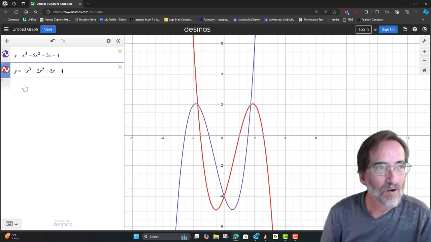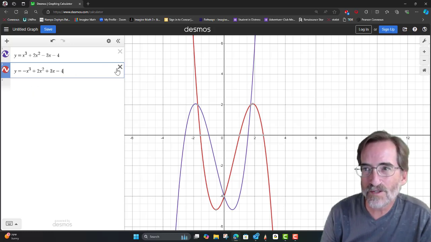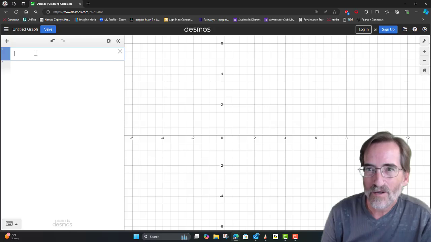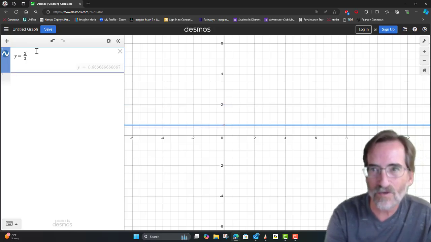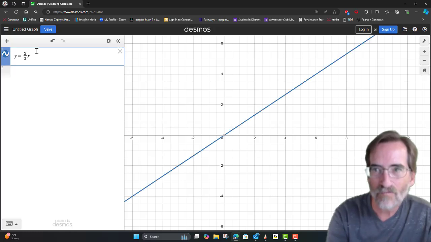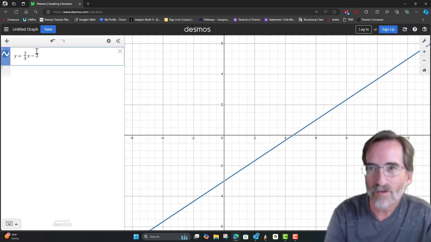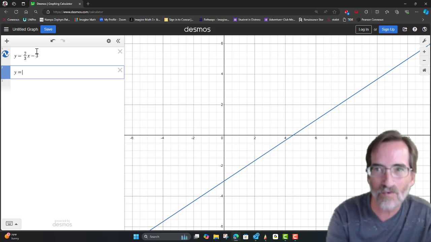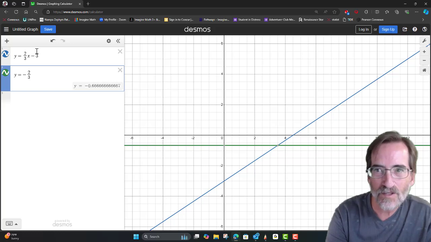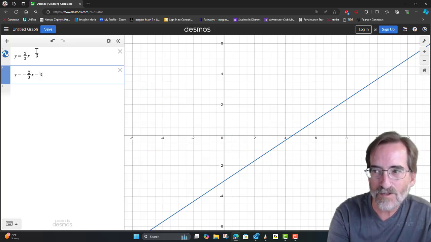Okay, we can do this with linear equations as well. Okay, linear equations, y = 2/3 x minus 3. Okay, for a y-axis reflection, change the sign on the x, so y = negative 2/3 x minus 3.